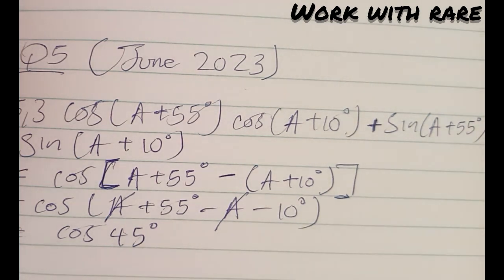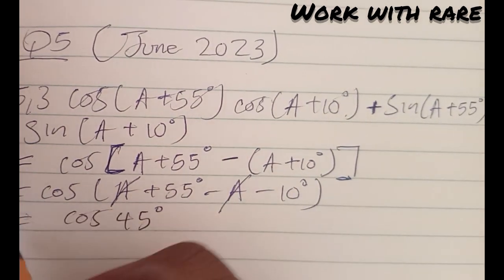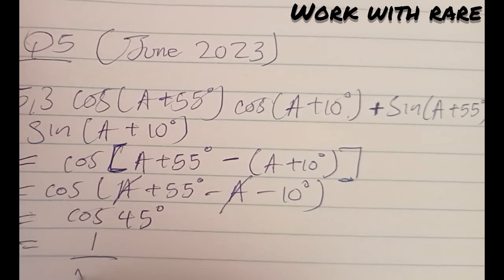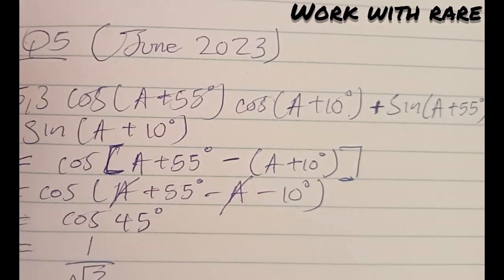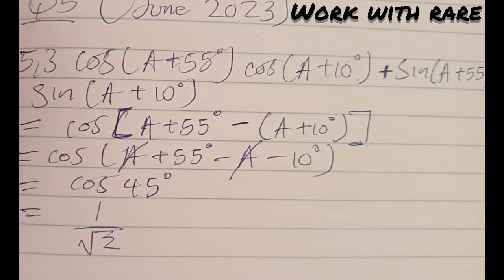You will have to take your calculator and press cos then 45, then you will get square root of 2 over 2. But don't write it like that. Write it as 1 over square root of 2. In this case, you are showing the marker that you didn't use a calculator, even though you used it.